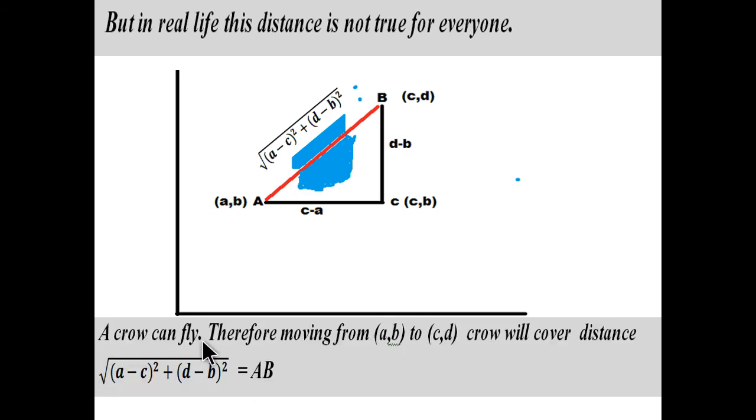A crow can fly, therefore moving from point (A,B) to (C,D), the crow will cover the distance AB, that is the square root of (A minus C) square plus (D minus B) square.